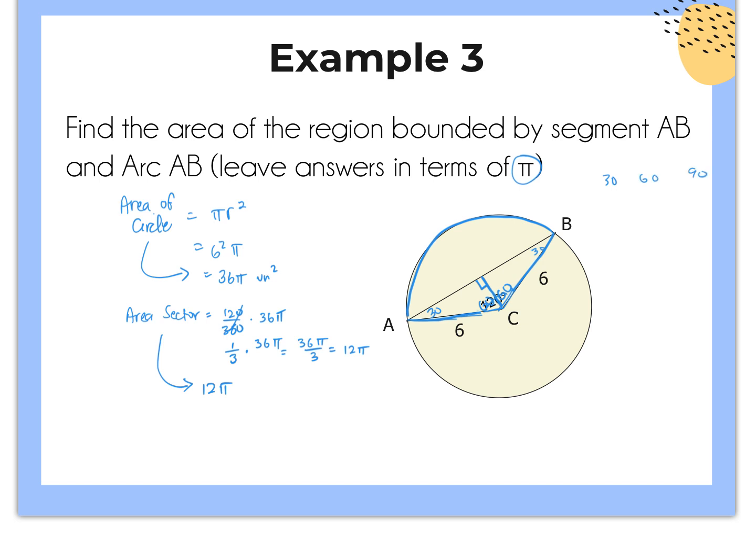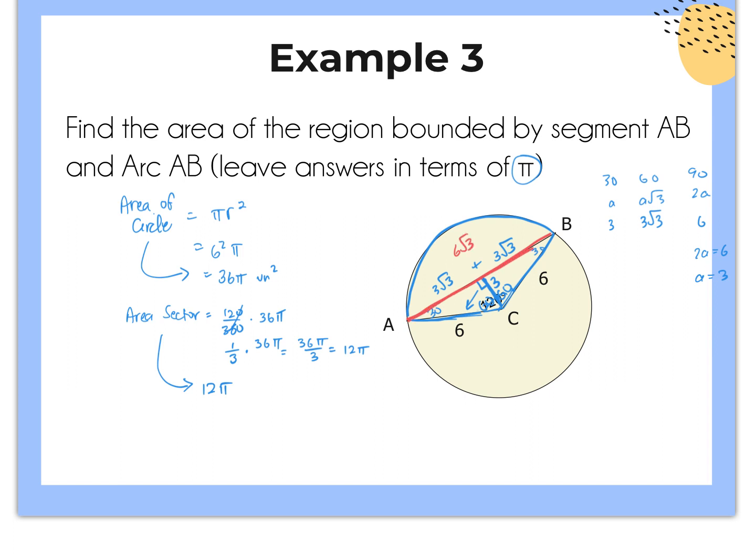Remember, 30, 60, 90 triangles have sides of a, a radical 3, and 2a. Notice the side opposite the 90 is 6. That means that a has to be 3. So the side opposite the 30, which is this height right here, is 3. And the side opposite the 60 is 3 radical 3. So that's this half right here. If I add 3 radical 3 plus 3 radical 3, I get the base of this triangle, which is 6 radical 3.